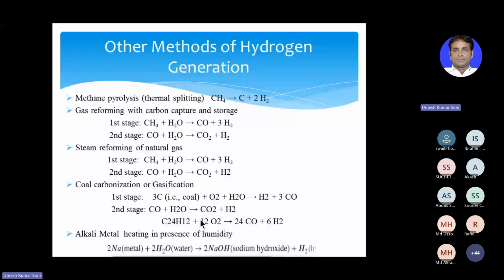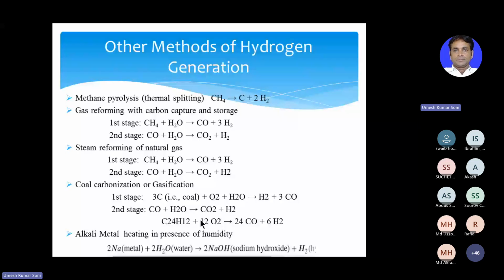Further, another method is coal carbonization or gasification. In coal carbonization, we have coal, that is 3C plus O2. We heat it, and it is reacted with the oxygen, and then we mix it with the water in very heated condition. So in that condition, the hydrogen and carbon monoxide will come out.